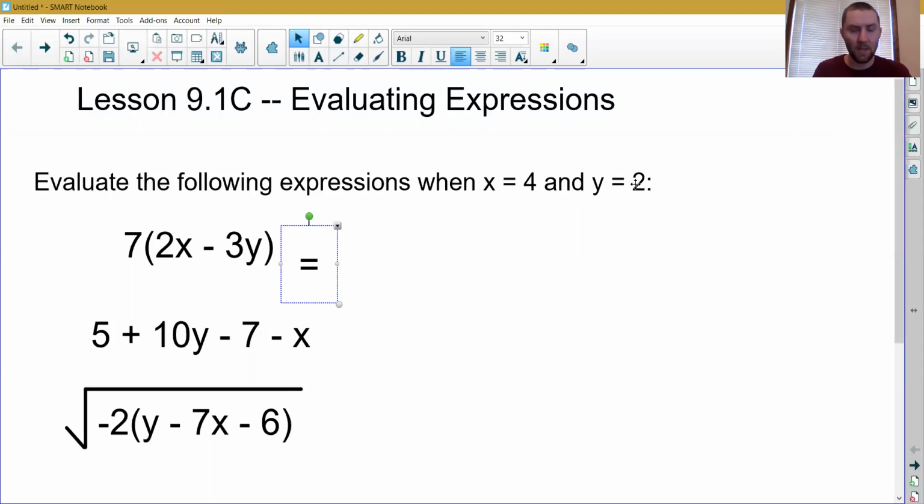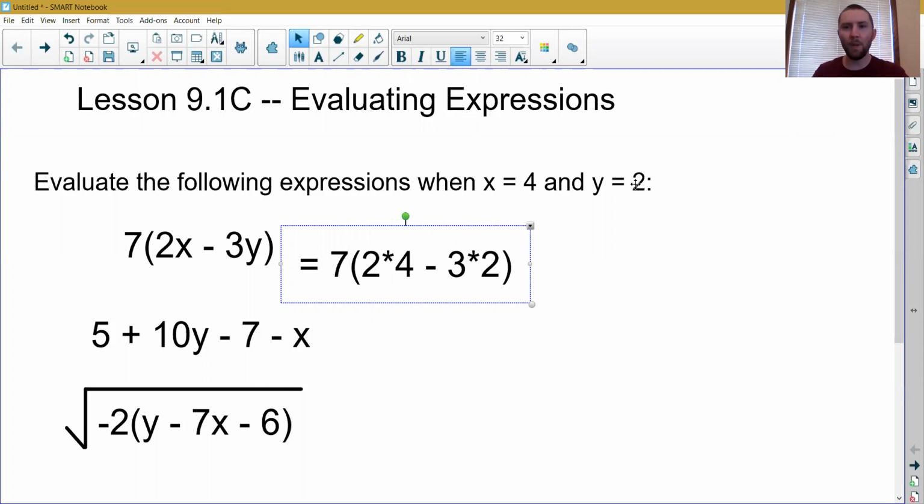So in this case, this problem is going to become 7 times, in parentheses, 2 times 4 minus 3 times 2.